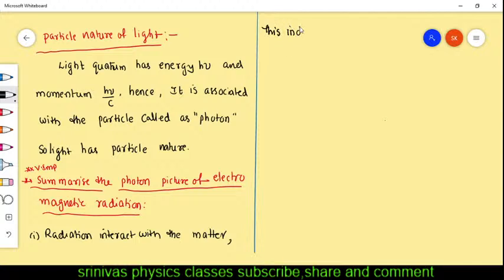This indicates radiation is made up of particles, called photons. This is the first point.